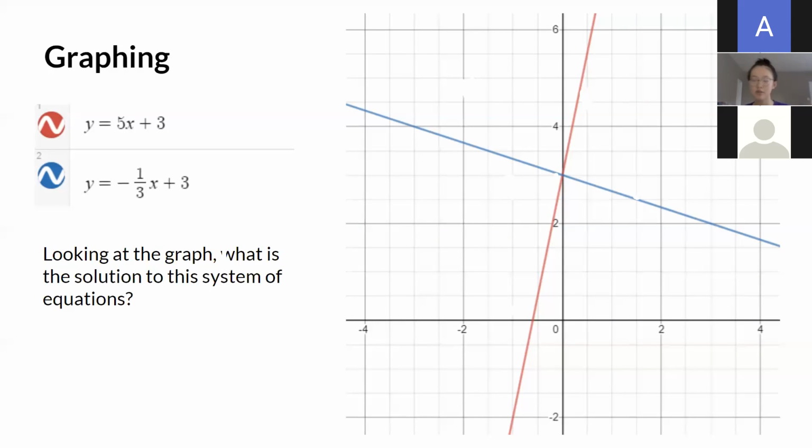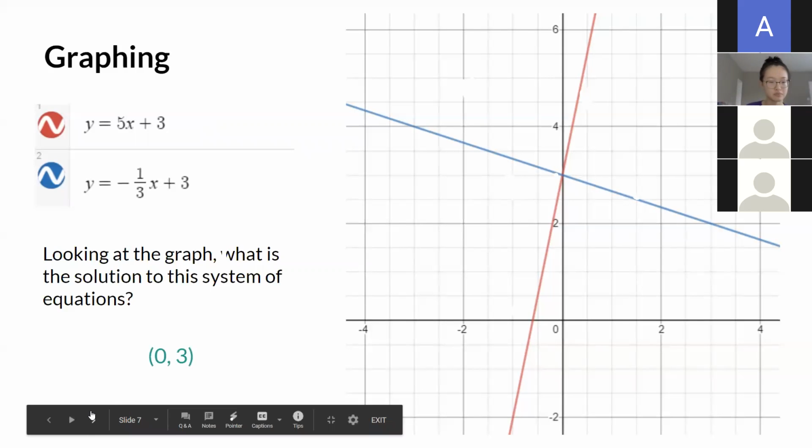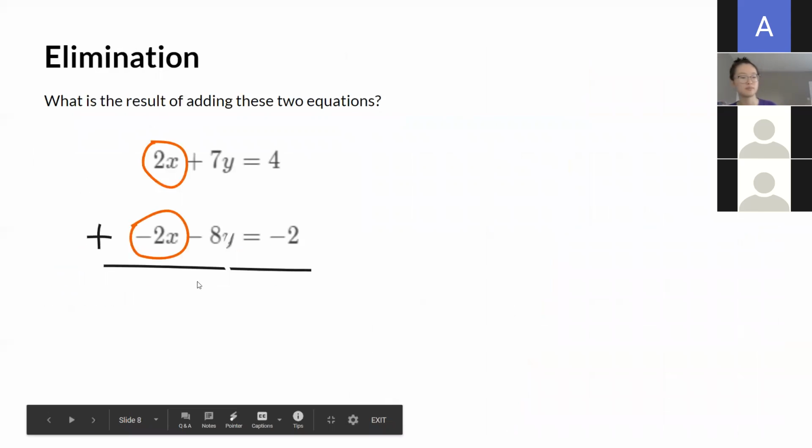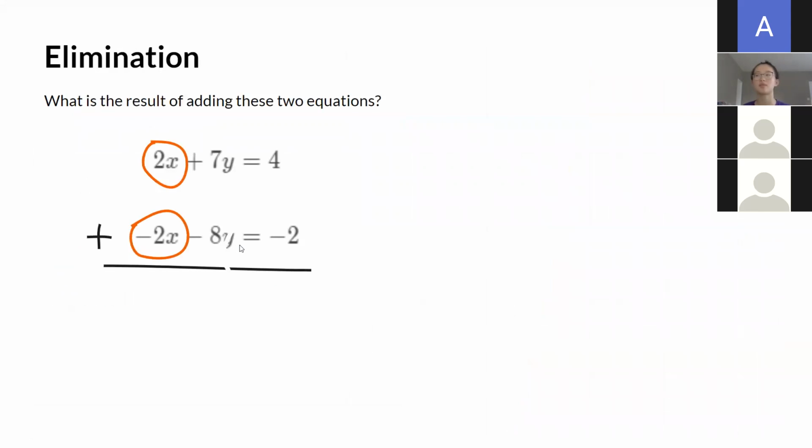Feel free to unmute yourselves if you see it. 0, 2. No, I think it's 3. Yeah, it shouldn't be too difficult with graphing. 0, 3.